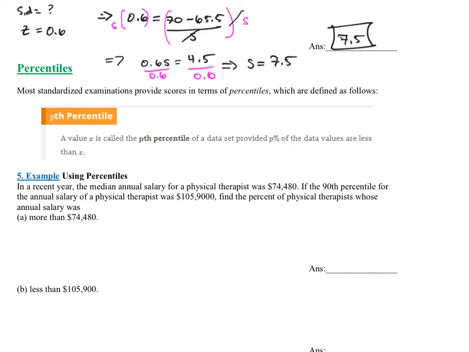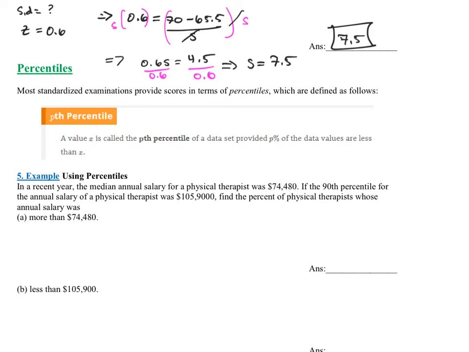So the percentile is the number in which you have scored better than that many people. If you're in the 10th percentile, you've only scored better than 10% of the population, versus the 90th percentile, you have scored better than 90% of the population. So you would much rather be in the 90th percentile than in the 10th percentile.